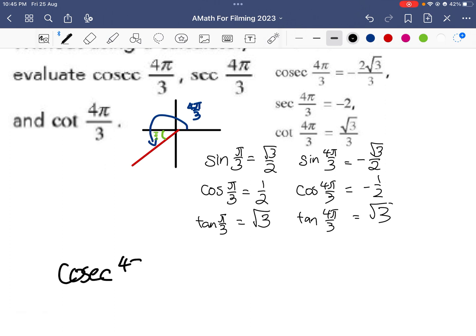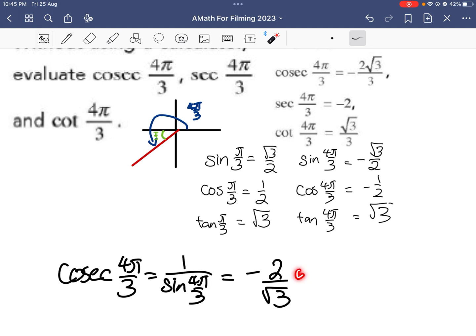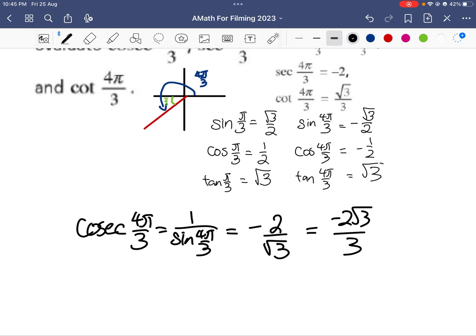Cosecant of 4 pi over 3 is 1 over sine of 4 pi over 3. Sine of 4 pi over 3 is negative root 3 over 2. So I take the reciprocal, it gives me negative 2 over root 3. If you want to simplify, you multiply by root 3 over root 3. What you get is negative 2 root 3 over 3.